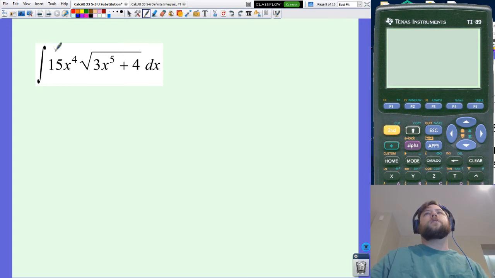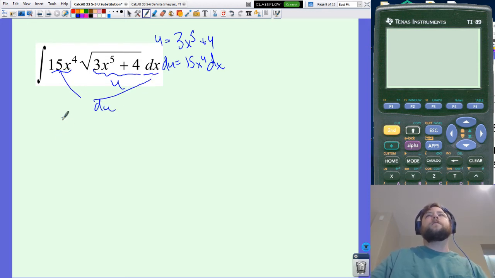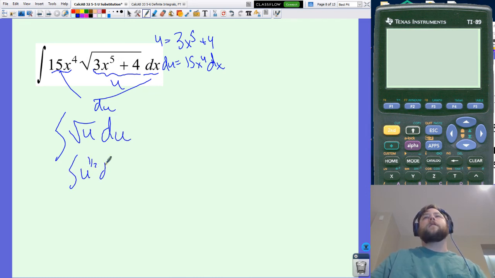Okay, I'll save more for later. Let's do this one. This would be my u, so I'm going to guess that's my u: 3x to the 5th plus 4. So my du is going to be 15x to the 4th dx. And I do have a 15x to the 4th dx, so these two parts combine to be my du. So the integral is the square root of u du, which is the integral of u to the 1/2 power du.